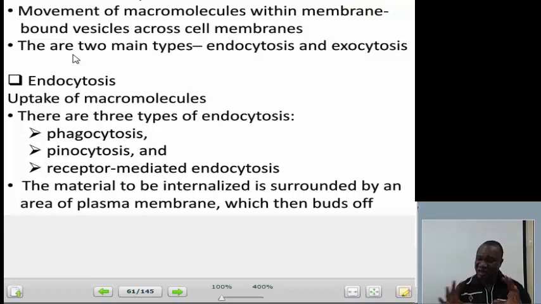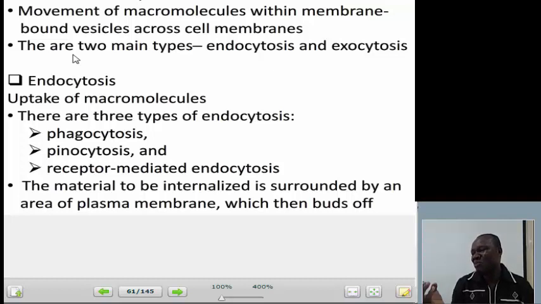Now, looking at endocytosis. There are three types of endocytosis. That is uptake of macromolecules. We have phagocytosis, which is the uptake of particulate particles. Big particles.